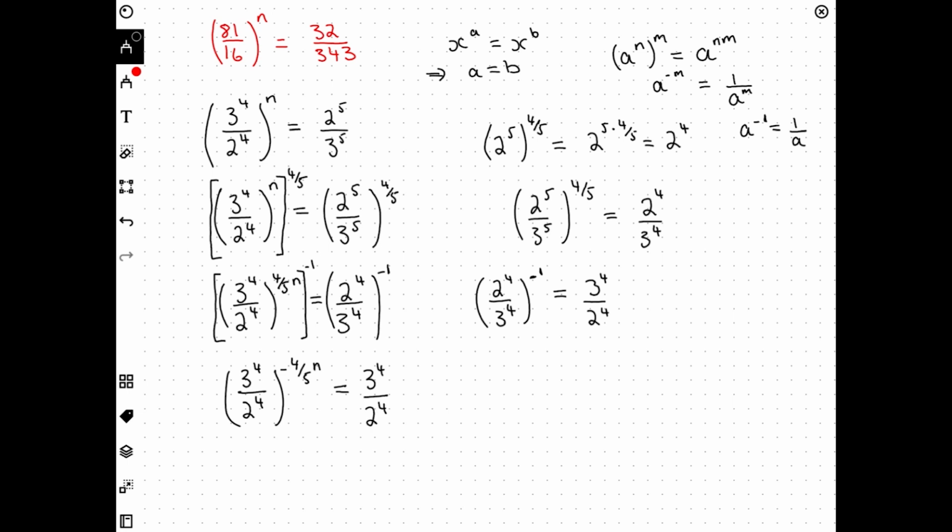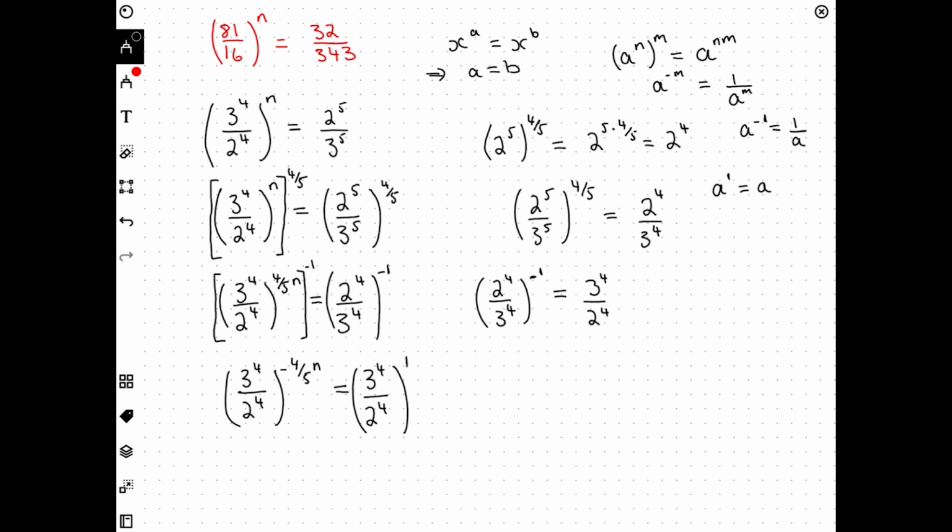Now here I've got what I wanted, which was x to the a equals x to the b, so therefore I can say a equals b. And this side here, of course, is raised to the power 1. Raise any number to the power 1, it will equal that number. A to the 1 equals a. So I end up here with these two are equal.